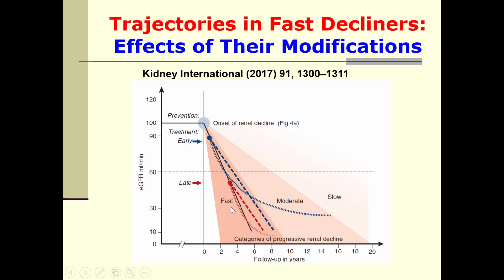We can even change this trajectory from a straight line toward a curved line. A curved line means the patient may move from fast progression toward moderate or even slow progressor if we apply appropriate treatment. And please don't forget that the secret of success is encouraging early management. So early is early and late is late.